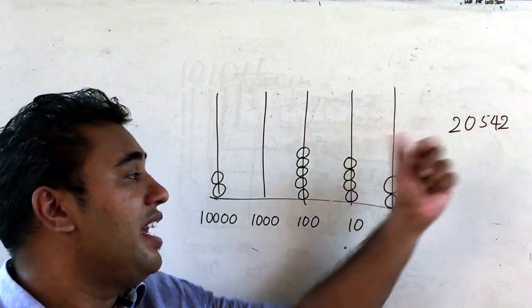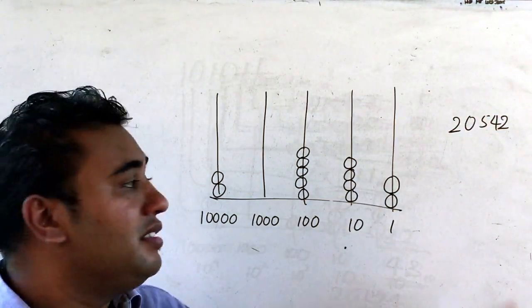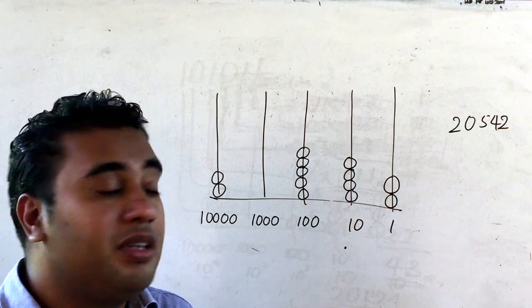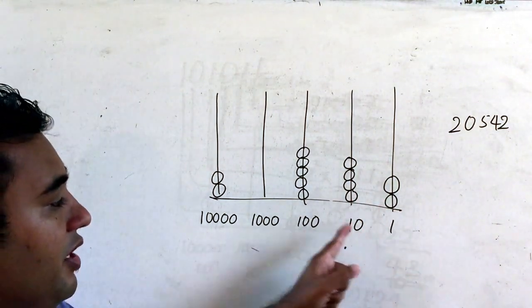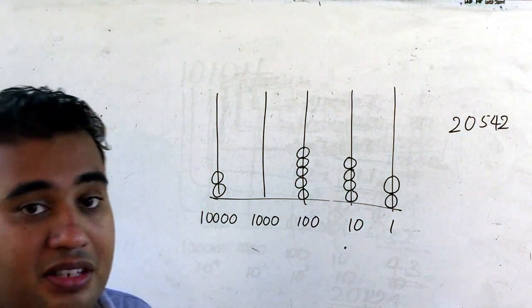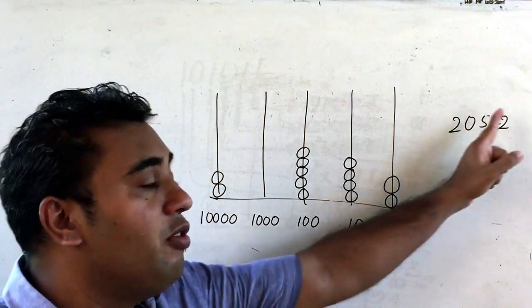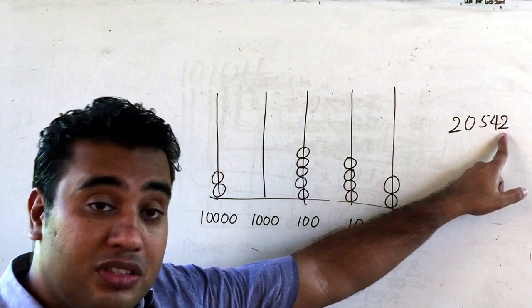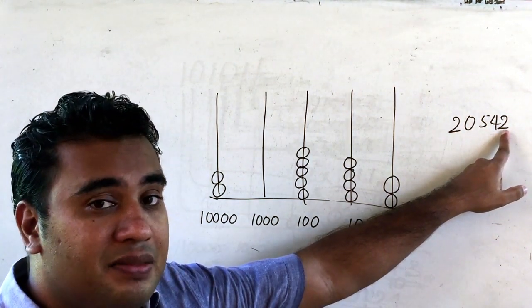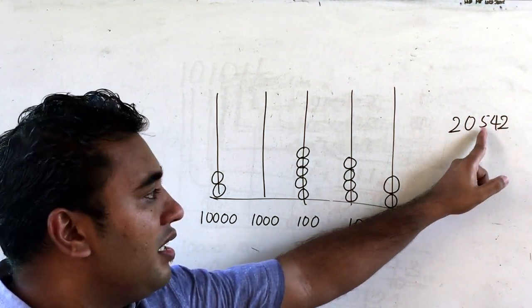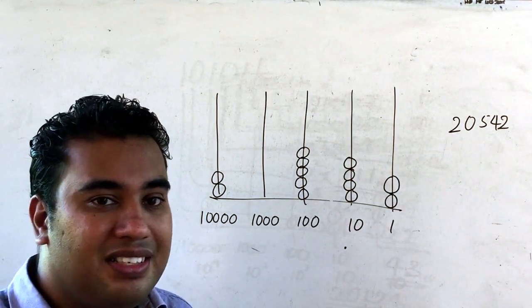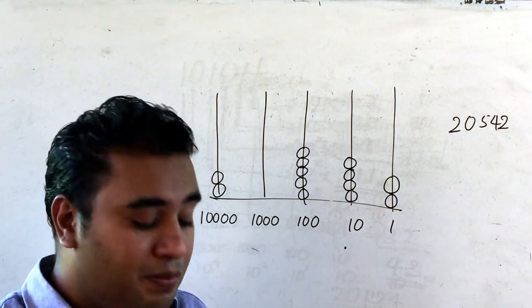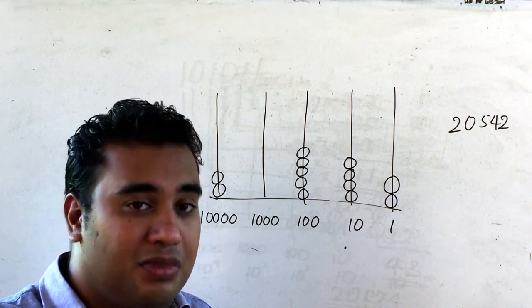That's how it came like this. This value is represented like this because of this concept. So this is the value we call the place value, the place value of each digit. So these are ones, tens, hundreds, thousands, and 10,000s. That's how we represent numbers in decimal.